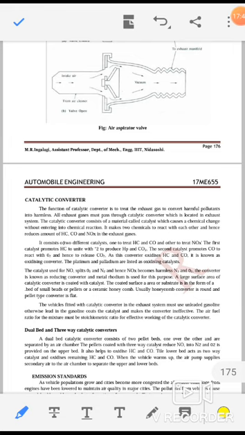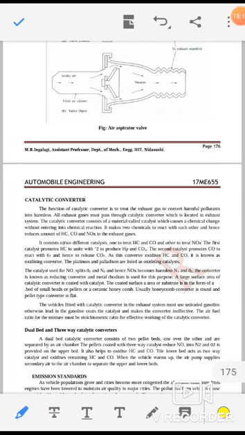The vehicle fitted with a catalytic converter in the exhaust system must use unleaded gasoline, otherwise the lead in the gasoline coats the catalyst and makes the converter ineffective. The air fuel ratio of the mixture must be the stoichiometric ratio for effective working of the catalytic converter.